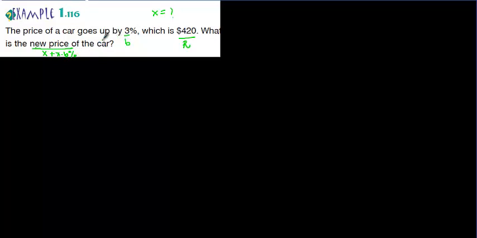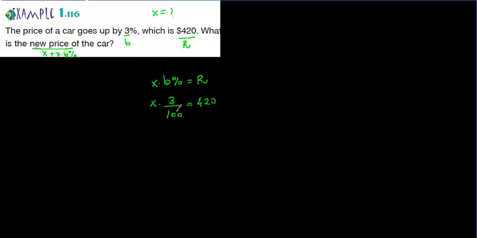We should understand that also. Firstly, we are going to find the value of x. How is it possible? We know this relation. x times b percent is equal to the result, which is x times 3 over 100, and that's equal to 420.